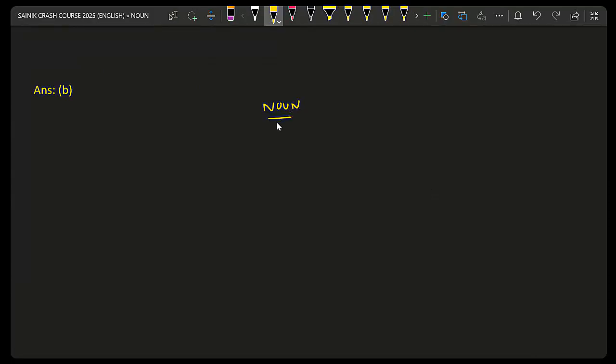Noun chapter. So, what are the things that we discussed in noun? We discussed the noun definition: a noun is a part of speech that identifies a person, place, animal, thing, or an idea. That is called noun. And then we discussed types of noun.